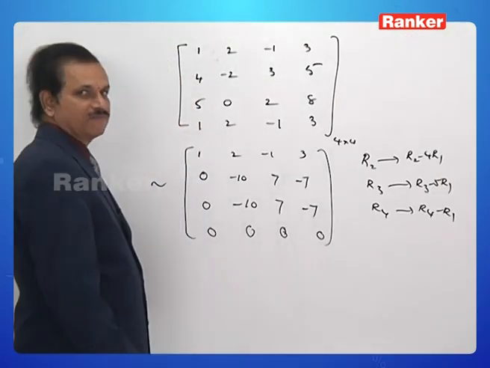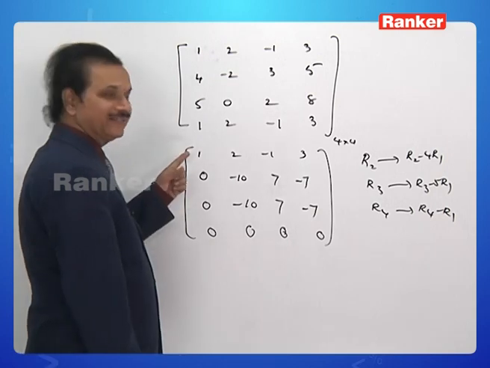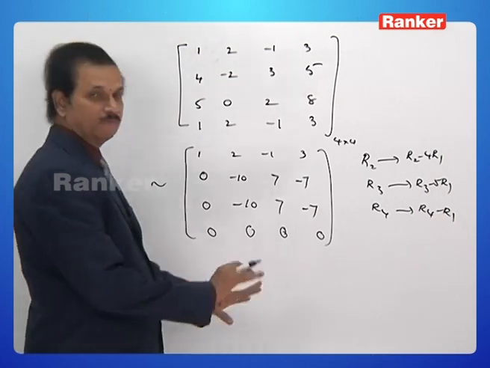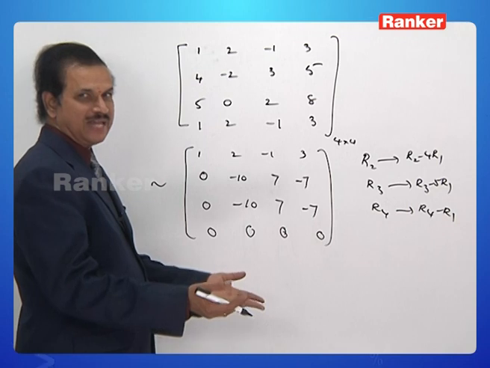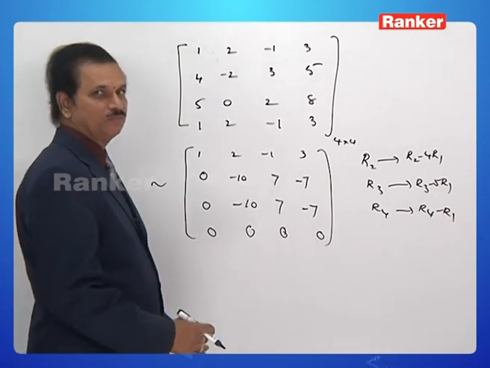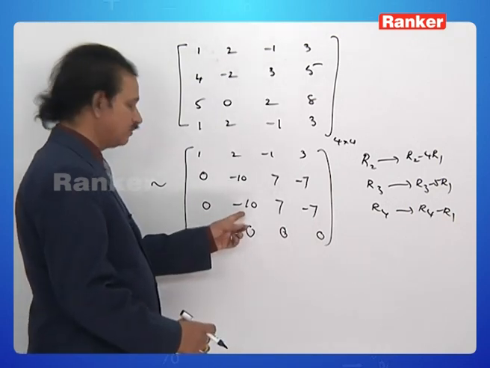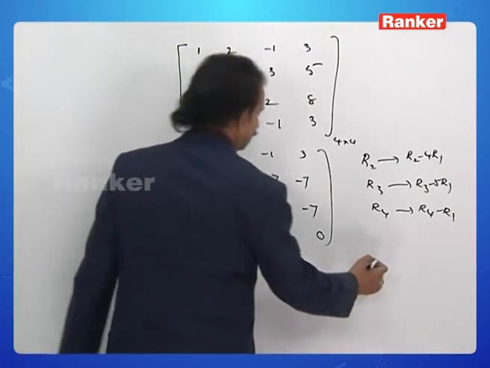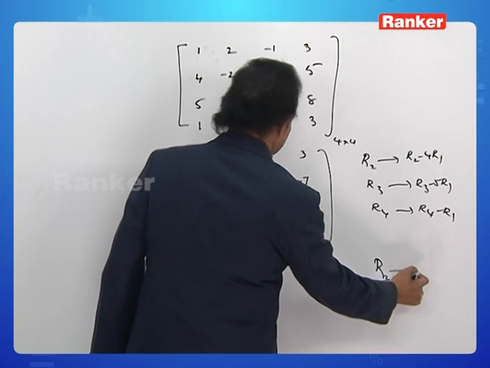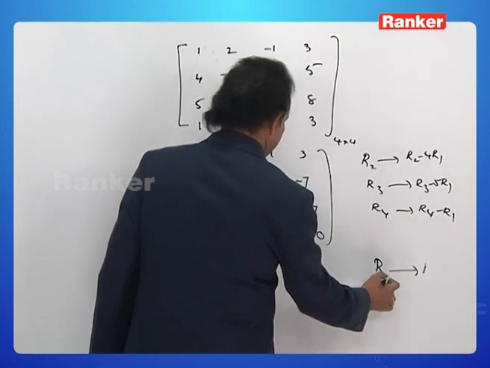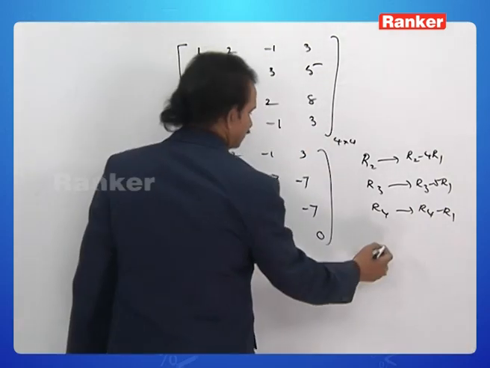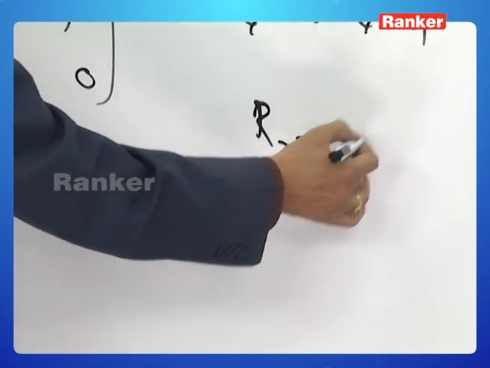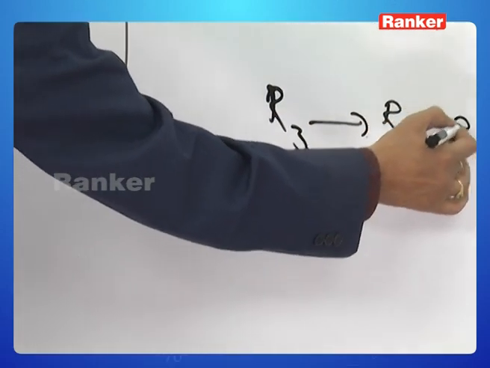Again, our first duty is over. All the entries below the first place are made 0. The next plan is to make all the entries below the second place 0. Concentrate on that. Next, R3 is changed as R3 minus R2.